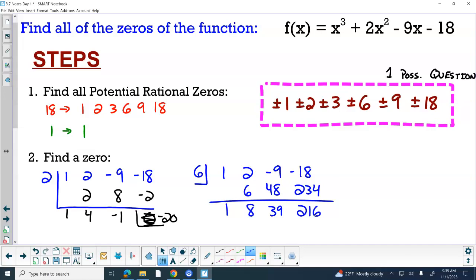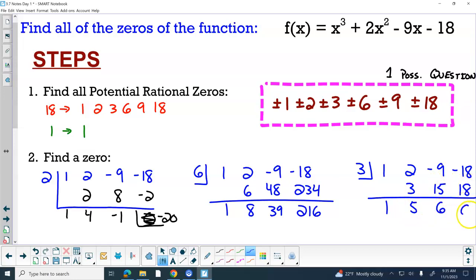3. I like 3. Good choice. 1, 2, -9, -18. 1, 3, 5, 15, 6. Uh-oh. What did we find? 3 is a 0.